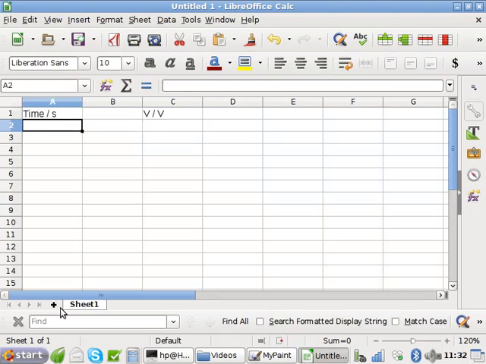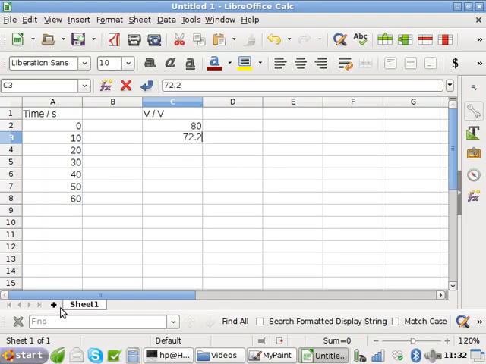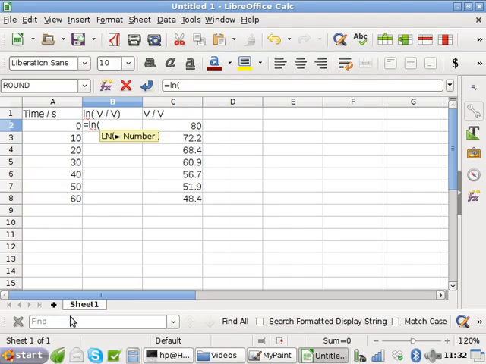The time is 0, 10, 20, 30, 40, 50, 60, and the voltage 80, 72.2, 68.4, 60.9, 56.7, 51.9, 48.4, and they want you to add in log of volts.